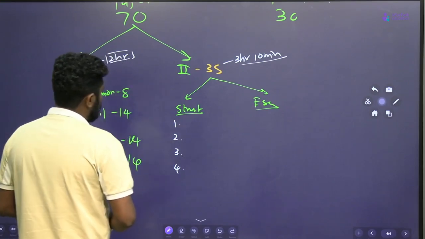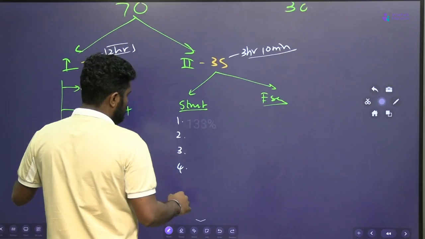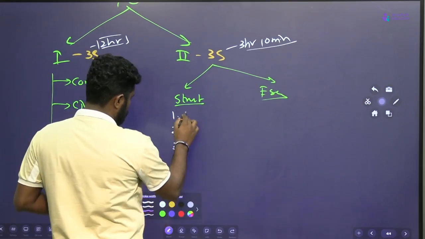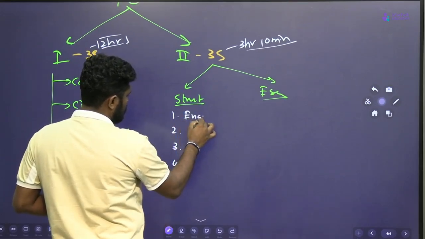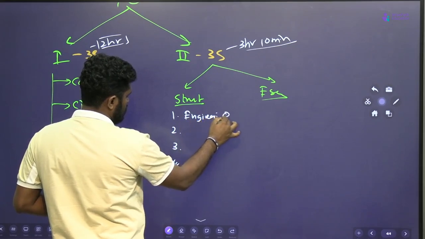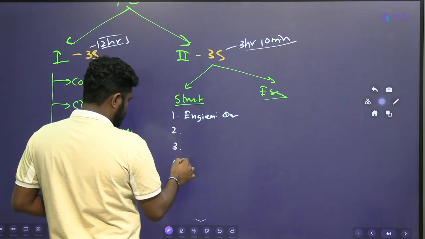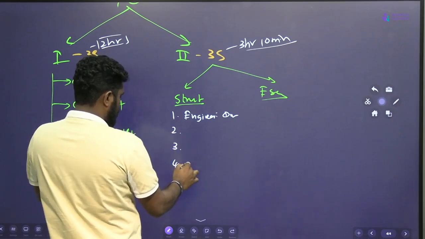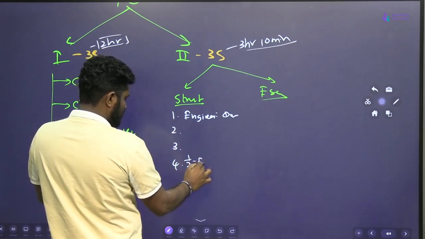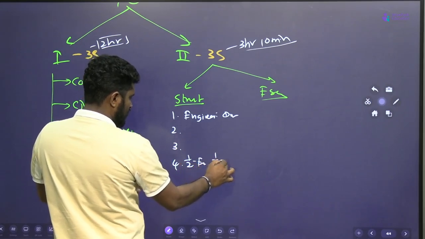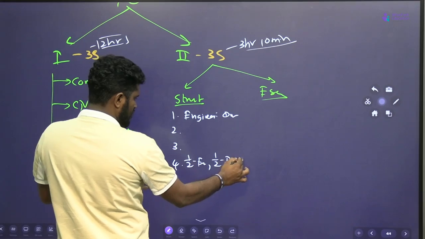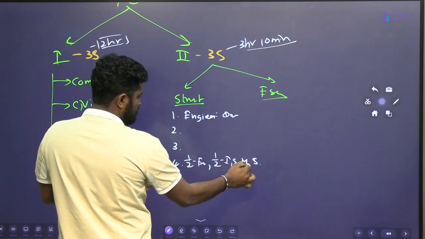The first question is from the engineering drawing. The fourth question is half from the entrepreneurship lesson, and the other half from the introduction, safety, measurement, standard.